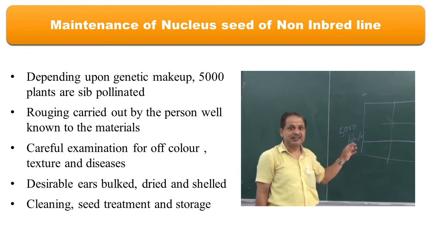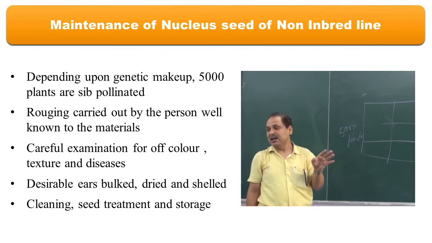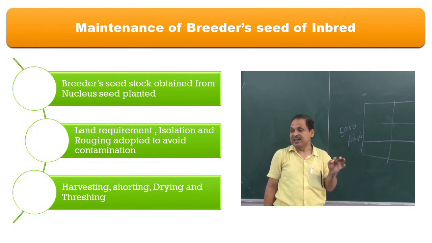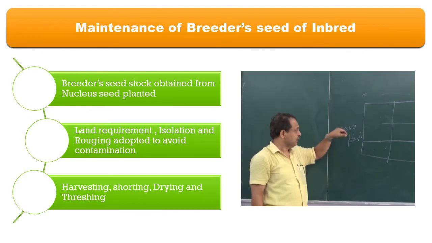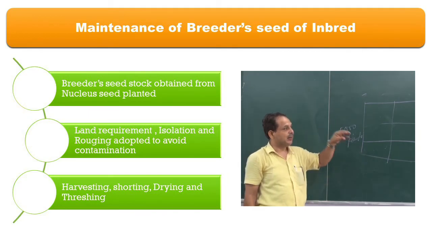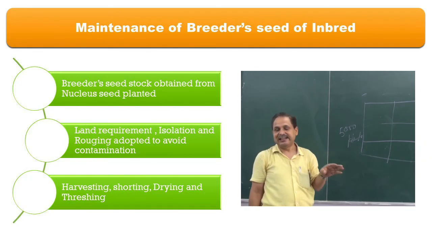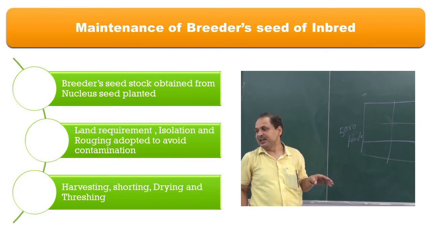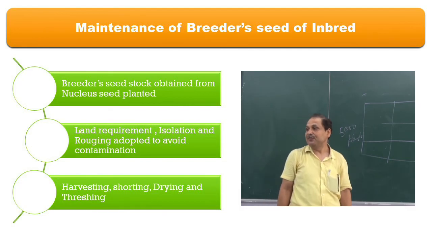If there is any diseased plant, we remove it. After harvesting, we again take care of off colors and off textures, and desirable ears are selected from these 5,000 plants. The desirable pods and ears are dried and shelled. Then cleaning is done, and seed treatment and storage are done. Next is the maintenance of breeder seeds of inbred plants.